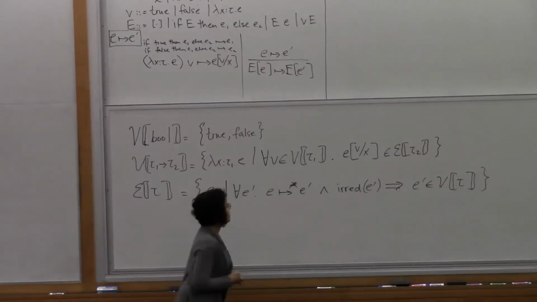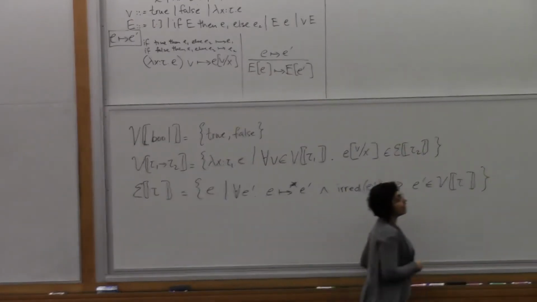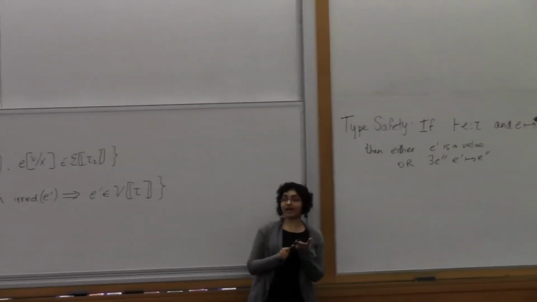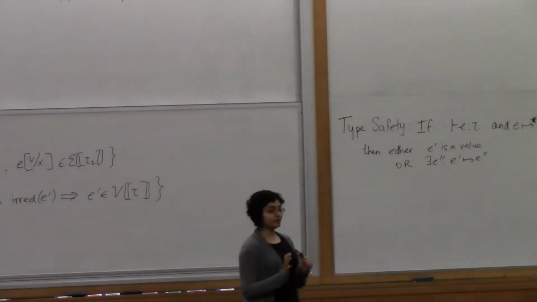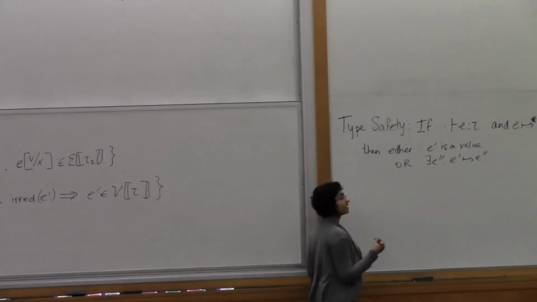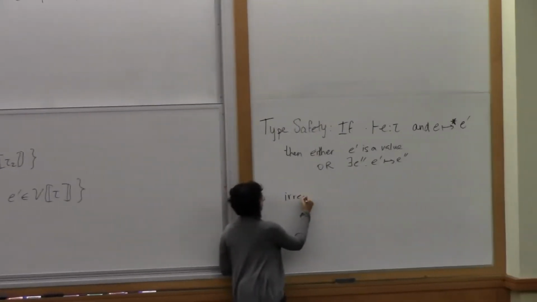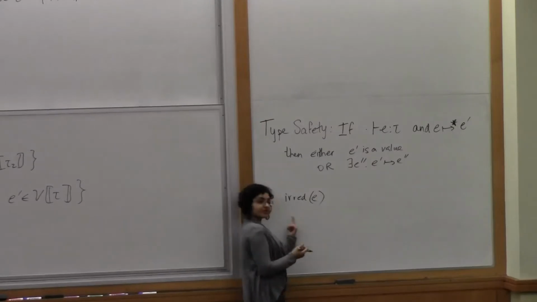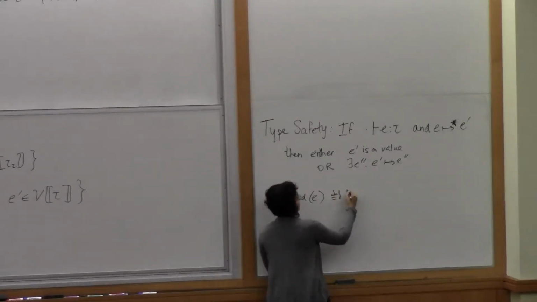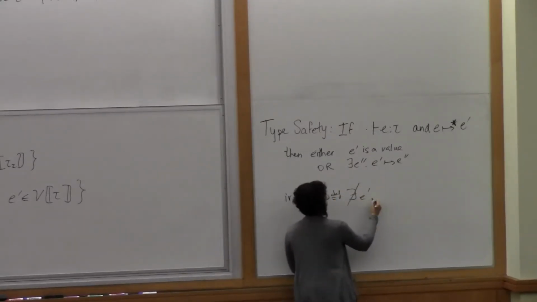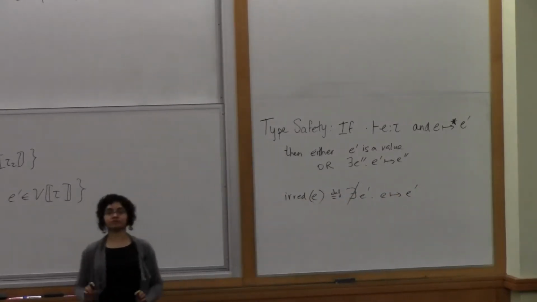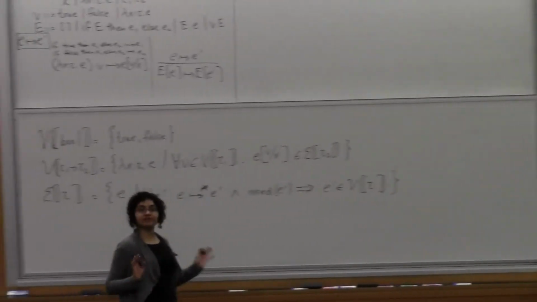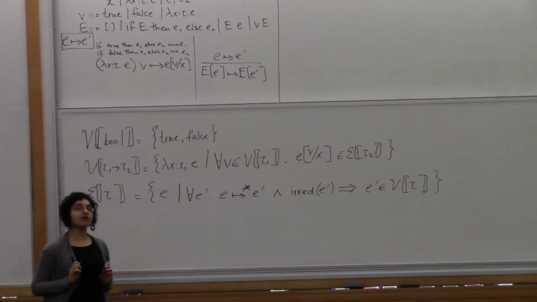By irreducible here, I mean any expression that is either a value or is stuck. Irreducible simply means that e prime cannot take another step: an expression e is irreducible if there does not exist an e prime such that you can step from e to e prime. That's all. So it could be a value or it could be a stuck expression.